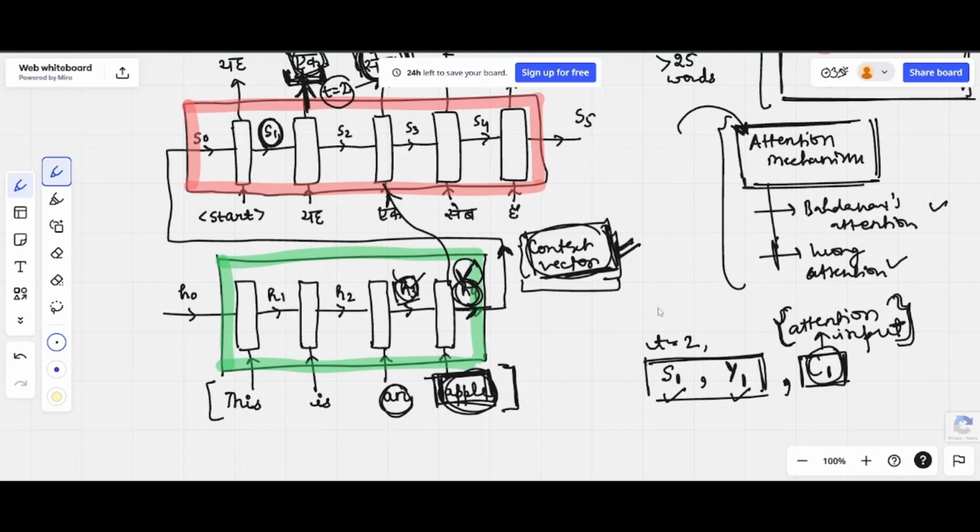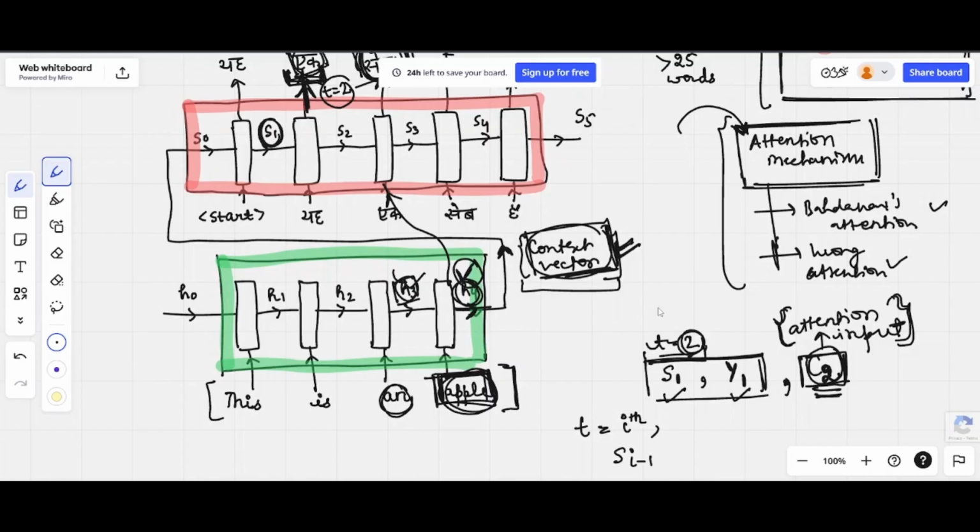Okay. And since this was at t equals to 2, actually, it should be C2. So at t equals to 2, we are providing C2 as input, right? So at the ith time step, what will be the inputs that we will be needing?